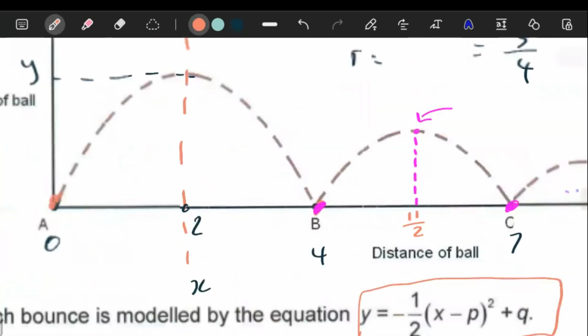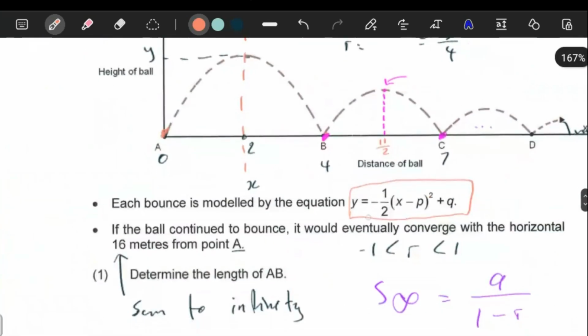You see? Now, what you know is, in this equation, you have an X value specifically, which is 11, or, well, whichever way, the value of P is 11 over 2. The value of Y is, the value of Q is what we need to get the height. But then, fortunately, you can throw in a coordinate that the graph passes through for you to get Q. You see, I'll repeat.